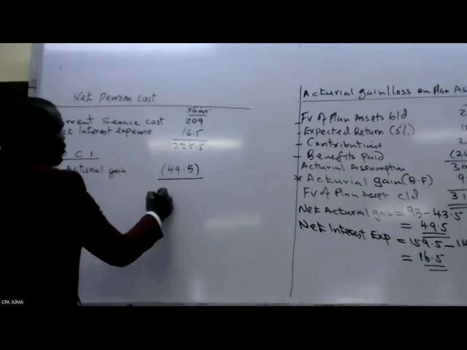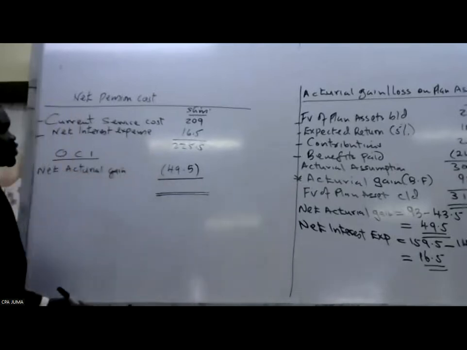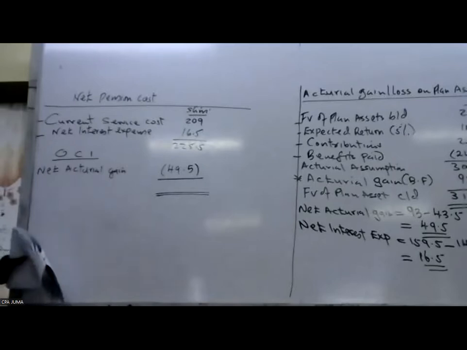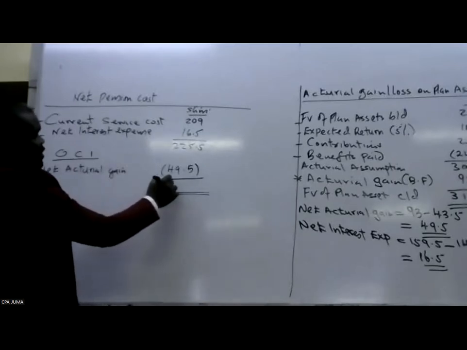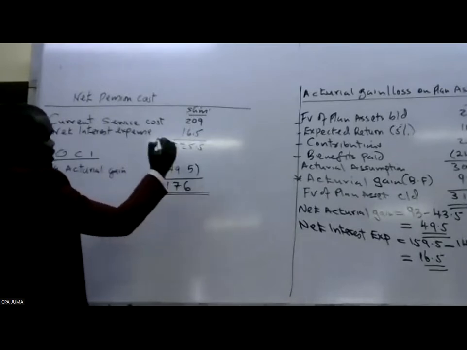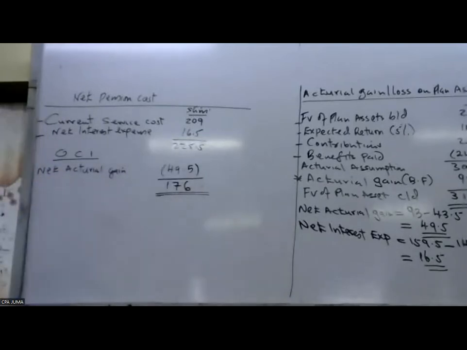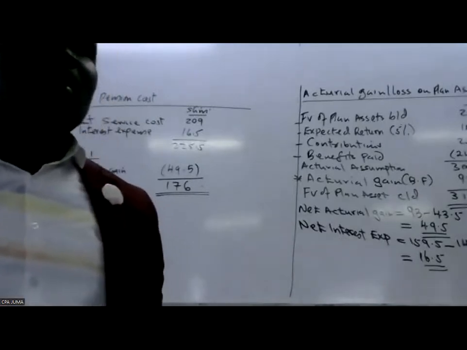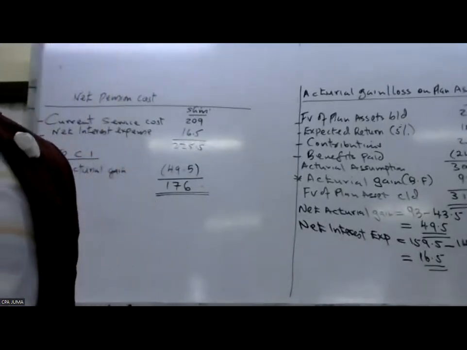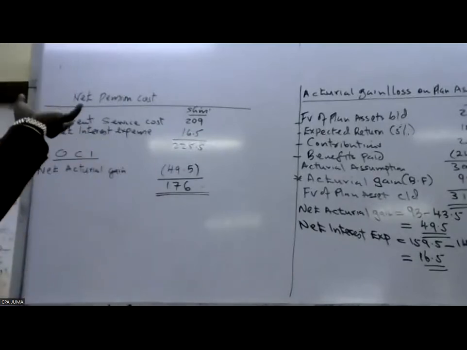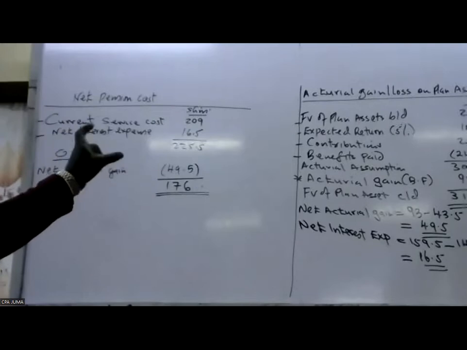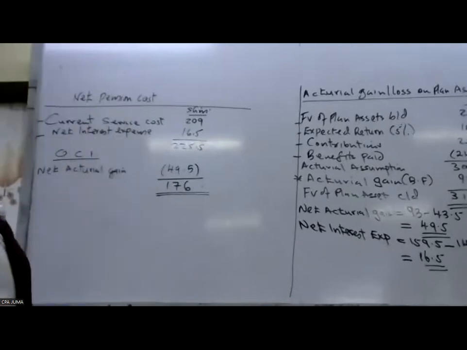So we are remaining with a total expense of 176. So that is the net pension cost. I hope you understand why we are subtracting the actuarial gain, because 225 is an expense. This is an income, so utilize income to offset that.